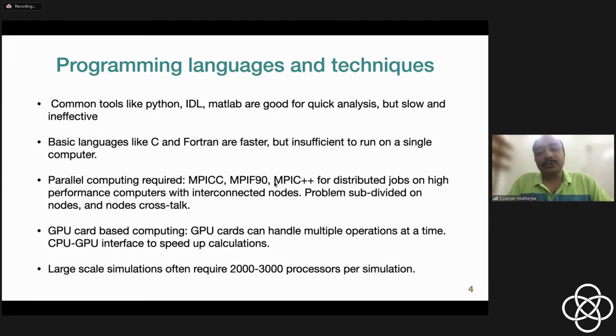But you do not always require such large-scale resources. You can always do simplified problems, which are important and interesting, on smaller scale computers. Say, for example, 2D simulations, where you have some symmetry in your system, you can perform 2D simulations, etc. Depending on the problem, your needs of the computing resources are determined.